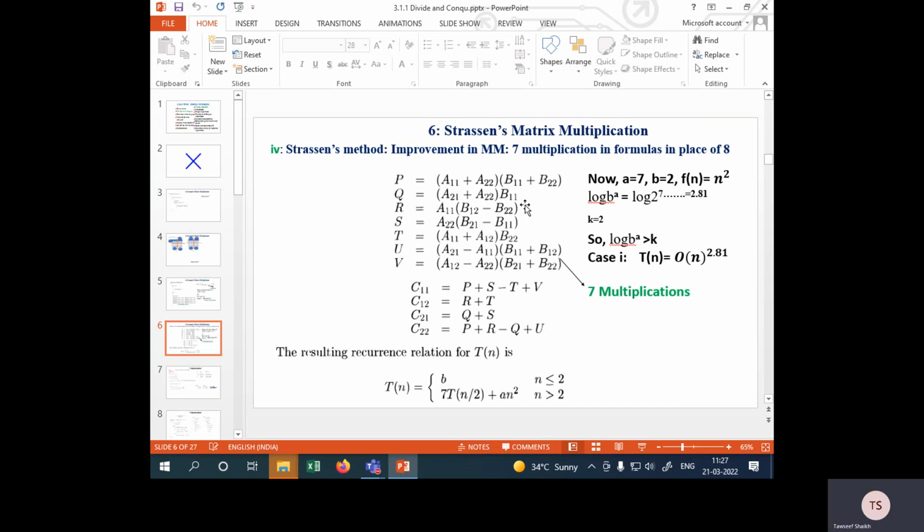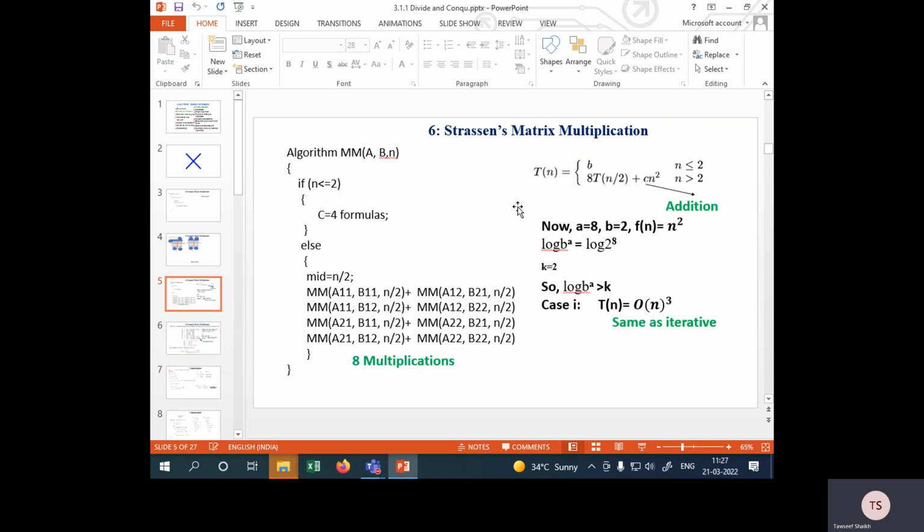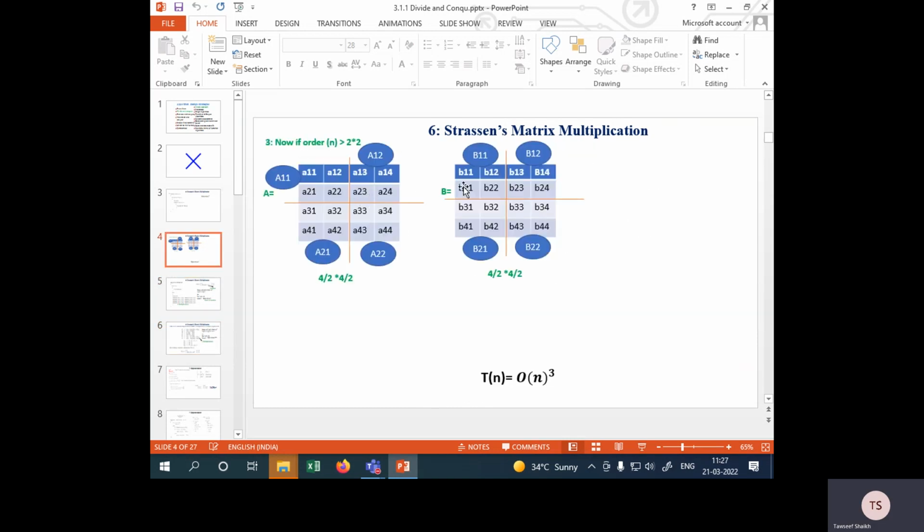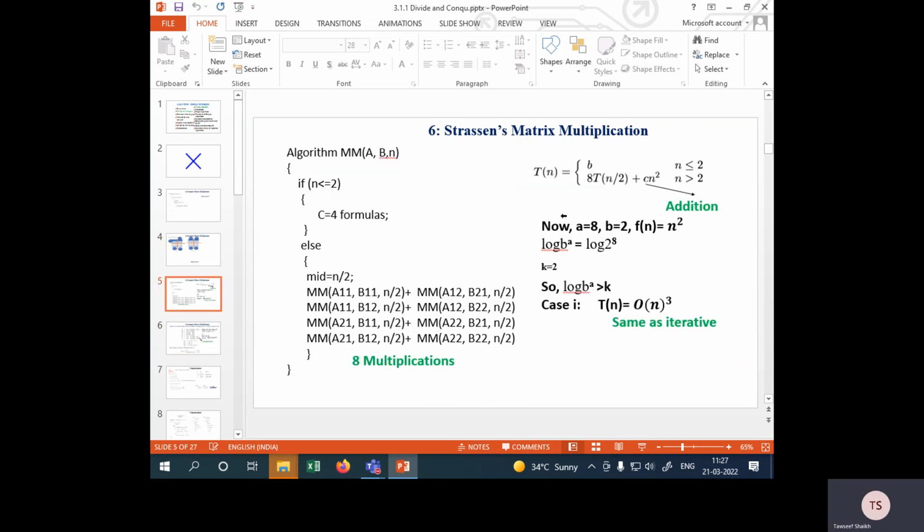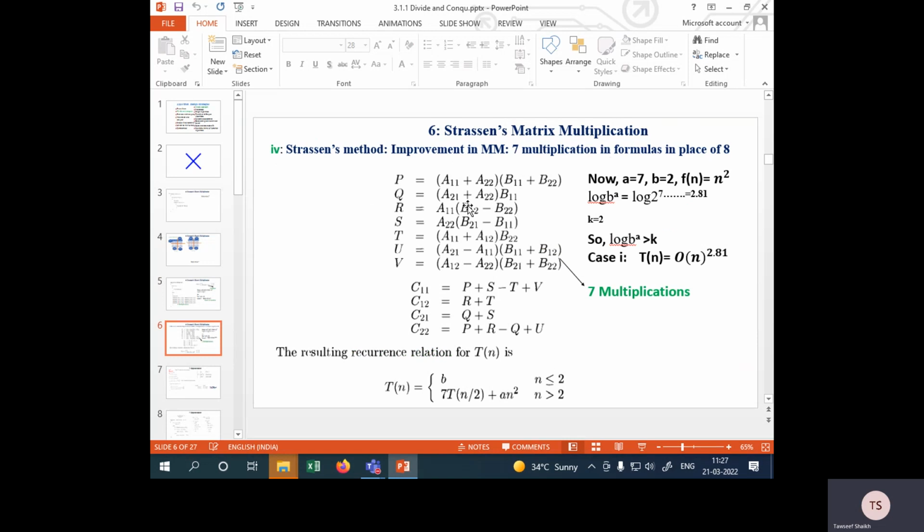And what he did is that he took the example of the same two matrices A11, A12, B11, B12. And he said that instead of 8 multiplications, what we have to compute is the matrix C. We have to find these elements of matrix C: C11, C12, C21, C22.